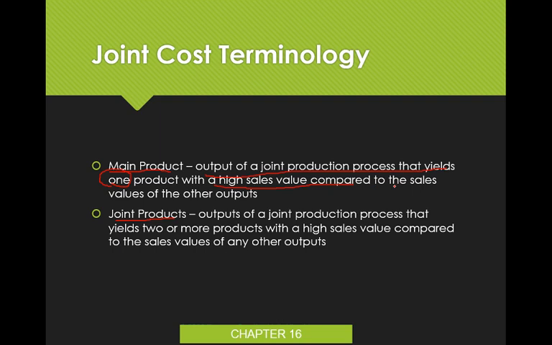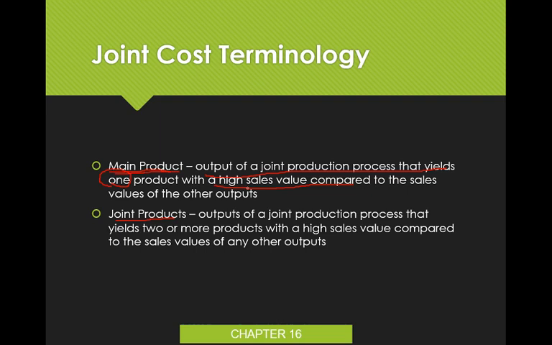If we have a production process that yields one product with high sales value and other products with low sales value, then this product is called the main product.